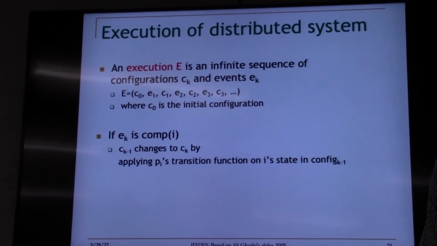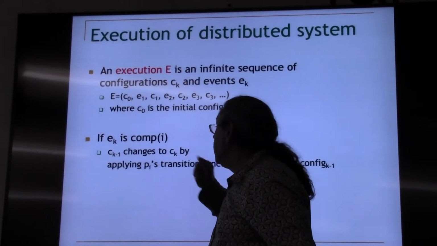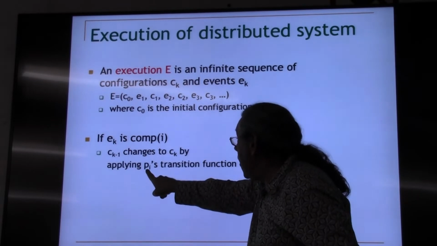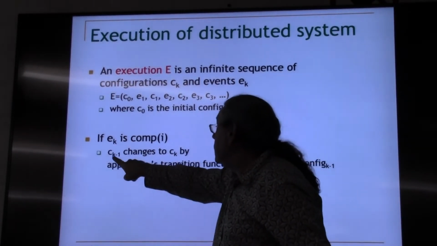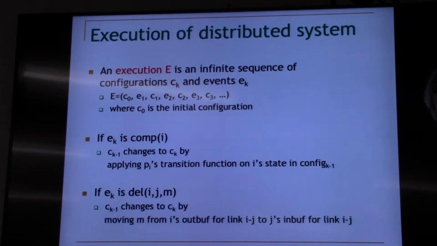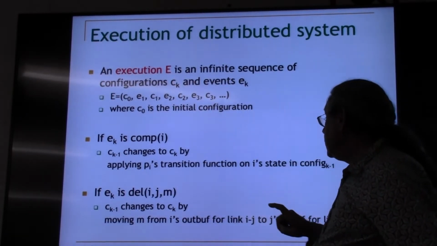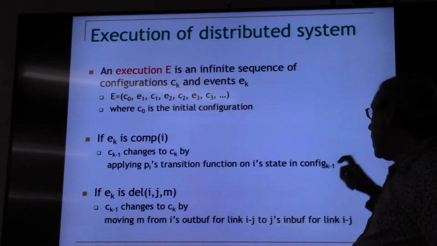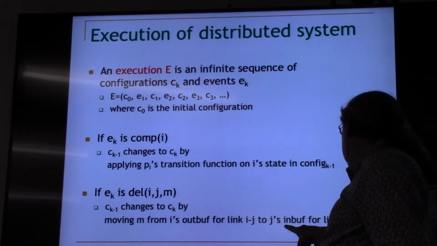And the E's, the EK, can either be a comp event. So this is applying PI's transition function on I's state in configuration CK minus 1. And the E can be a del event. This is where the configuration changes from CK minus 1 to CK by moving M from I's outbuff for the link IJ to J's inbuff.